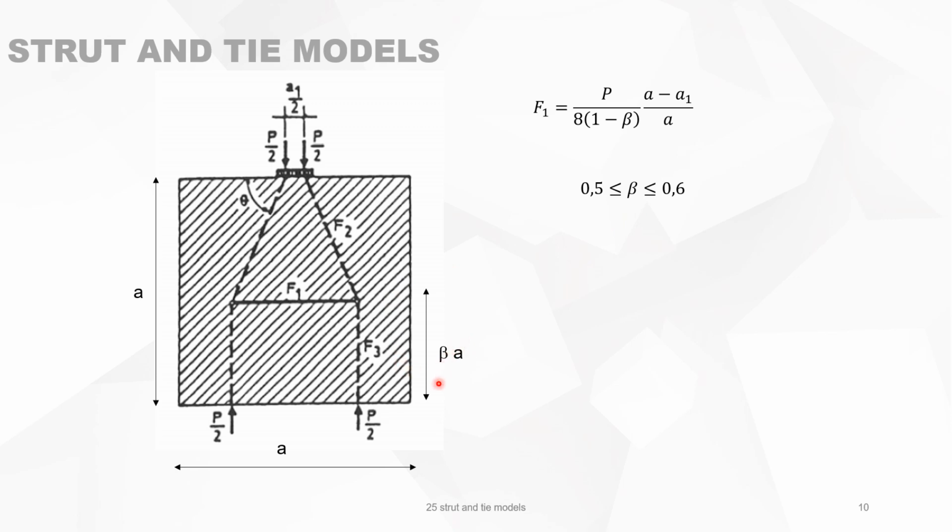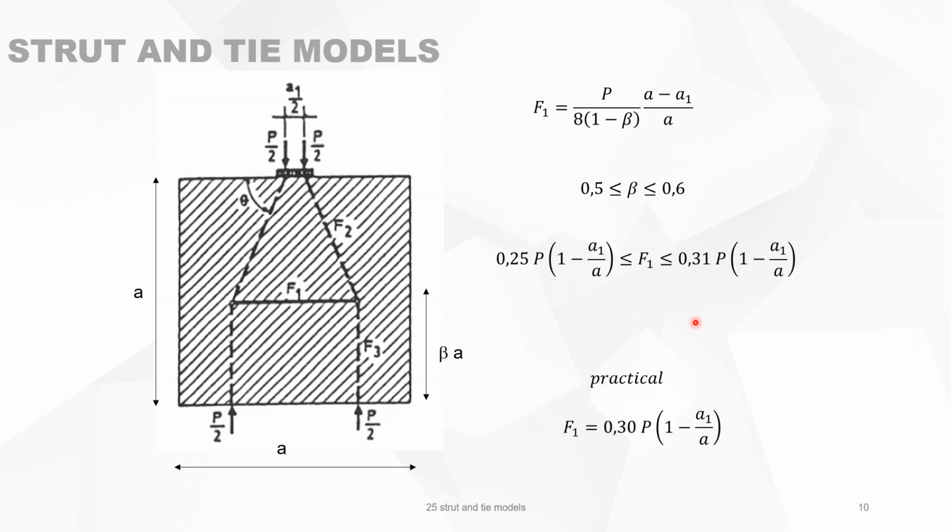Beta is situated between 0.5 and 0.6 times the height A. So the tension force F1 is between this value and this value, or in practice, very practically, we say that the tension force is more or less 1/3 of the total load multiplied by this geometrical factor.